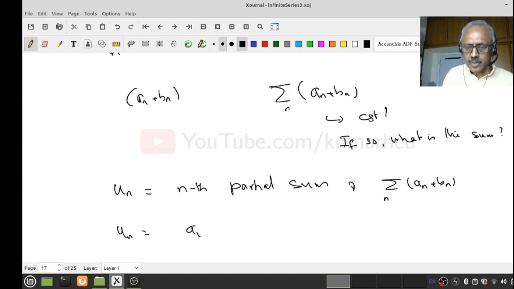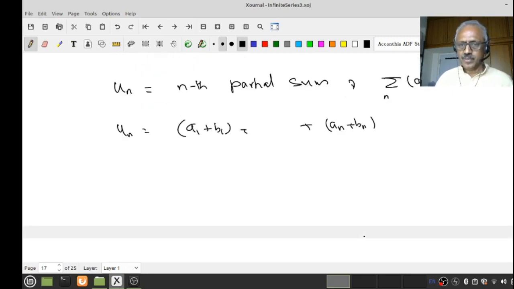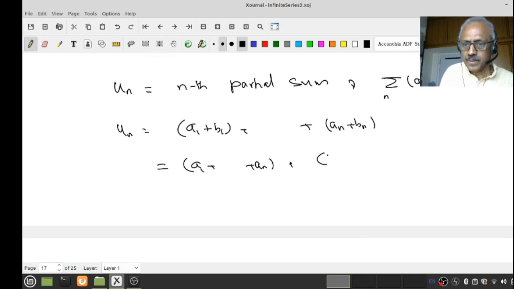Un will be a1 plus b1 plus up to an plus bn, the first n terms. Now remember, it's a finite sum, therefore I can group terms together. Therefore I can write it as a1 plus up to an, plus b1 plus up to bn. I can use commutativity, associativity, etc. Therefore my Un is nothing other than Sn plus Tn.